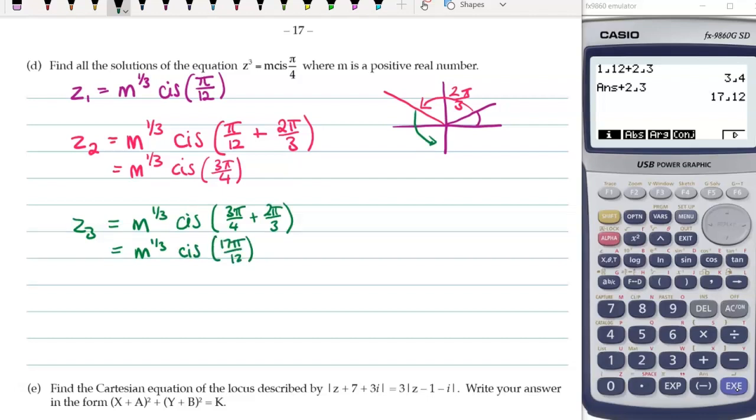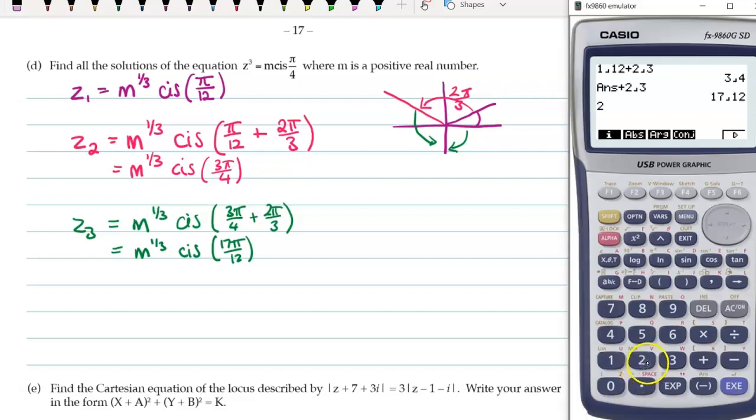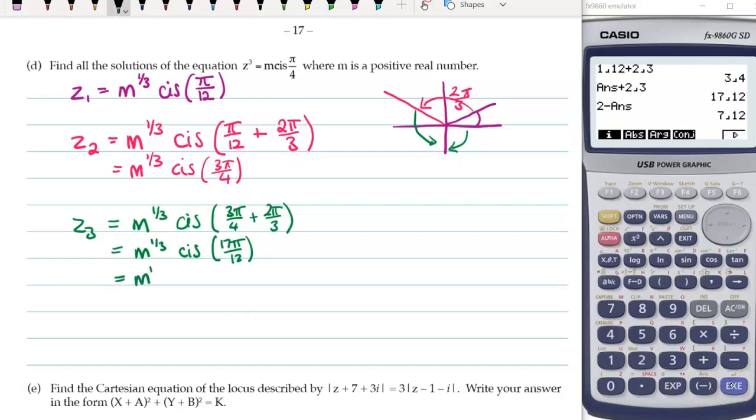Now once we've gone over the pi line, we actually want to come back at it from a negative direction. So 2 is a full circle, so do 2 minus the 17/12 that we just had, we got minus 7/12. So it's minus 7 pi by 12.